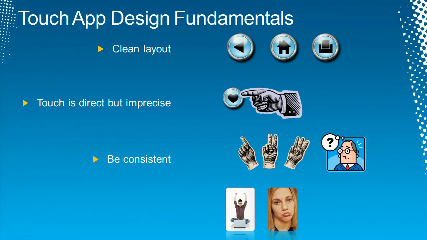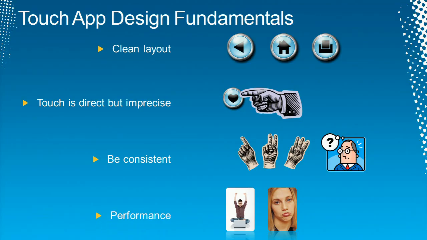So you don't want to create gestures that don't make sense and confuse the person, where to do some special functionality I need to use three fingers, or click and rotate, or something like that. So you want to be consistent and look at what's out there. There's already an expectation on how touch works.